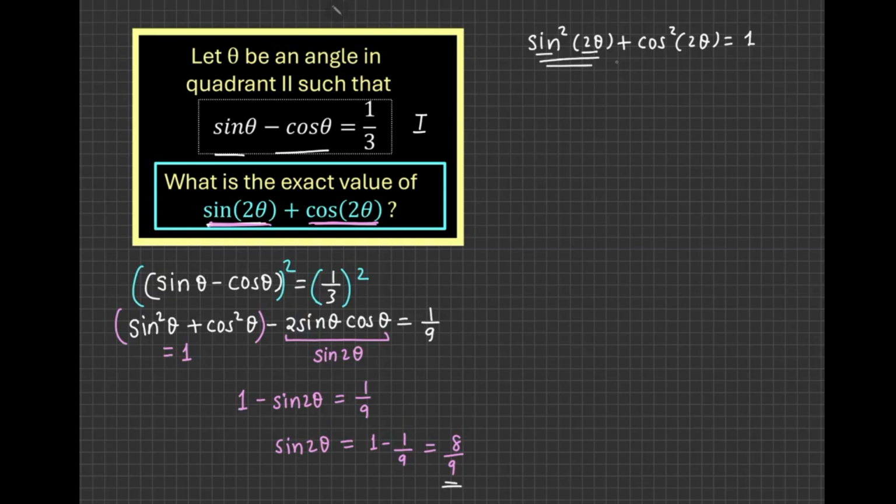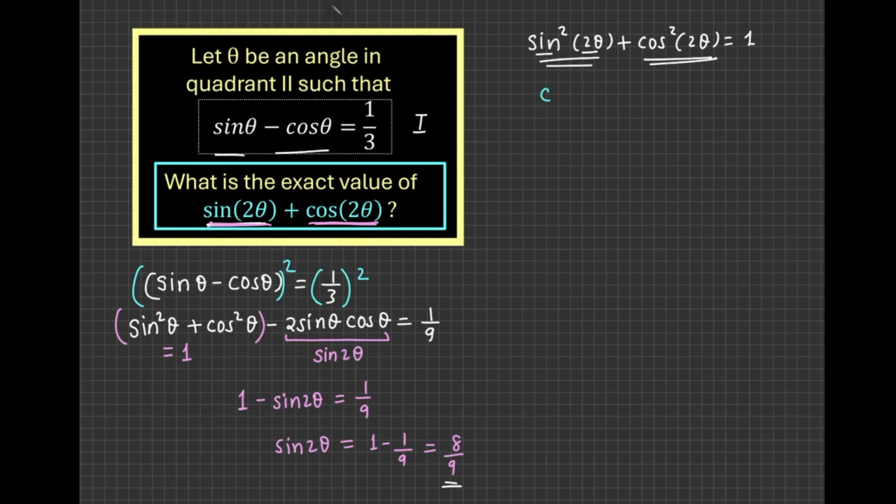We plug that in here and solve for cosine squared of 2 theta, and then from there we can solve for cosine 2 theta. Yes, we can. However, by doing so, we'll get only the magnitude of cosine 2 theta, not its sign. So what we need to do is solve for cosine theta, and then from there solve for cosine 2 theta. How do we solve for cosine theta?